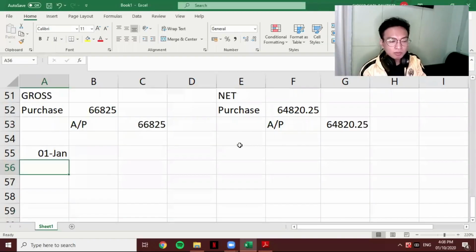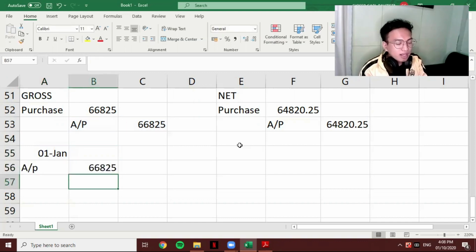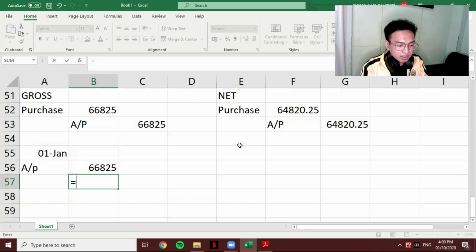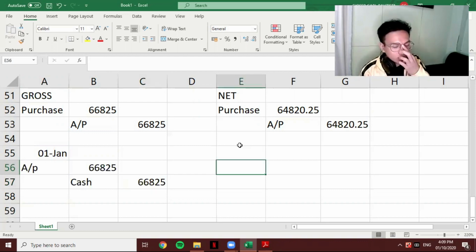So, gross method, we have to pay our payable amounting to 66,825. Since wala siyang discount, we just pay the entire purchase. Cash, 66,825.